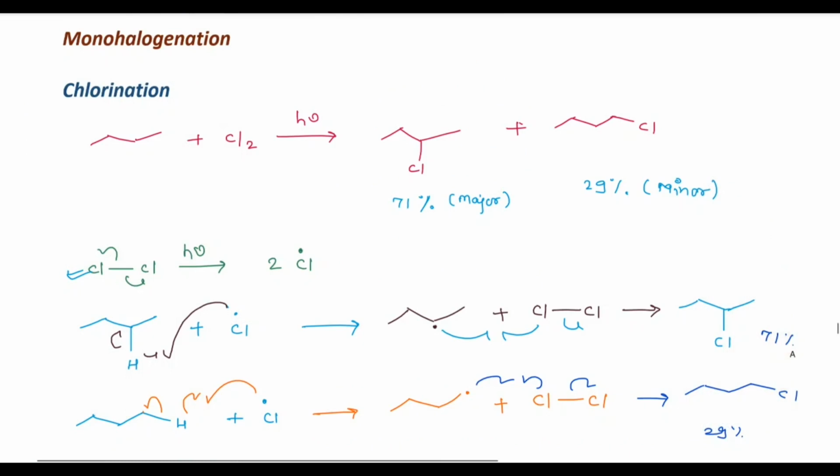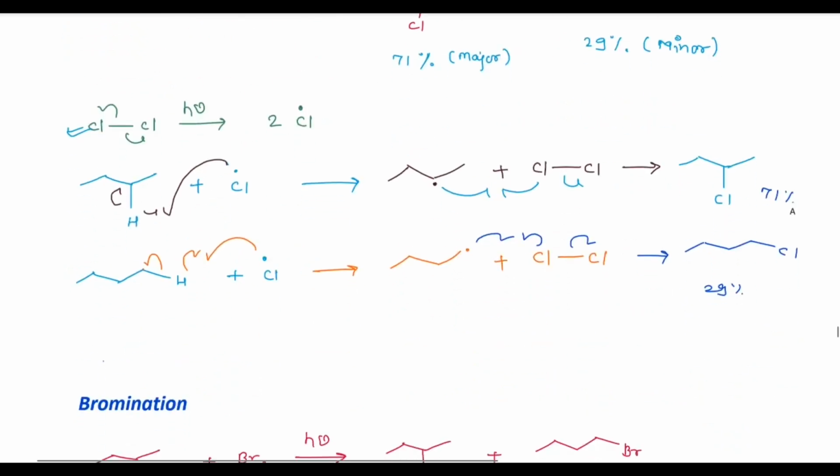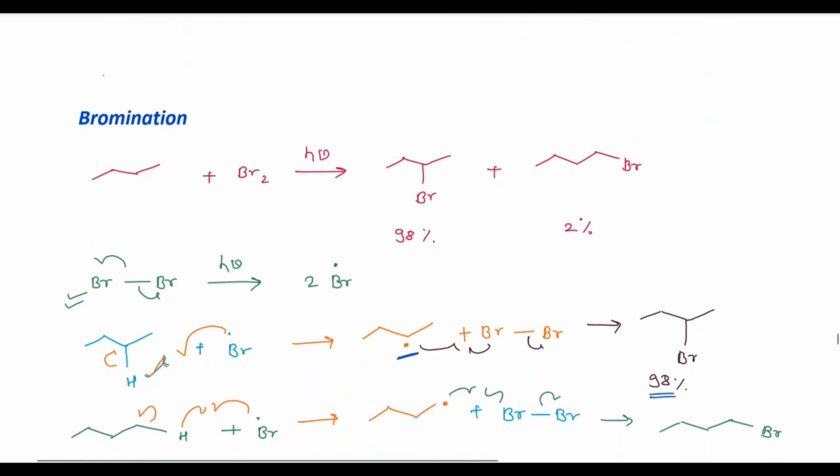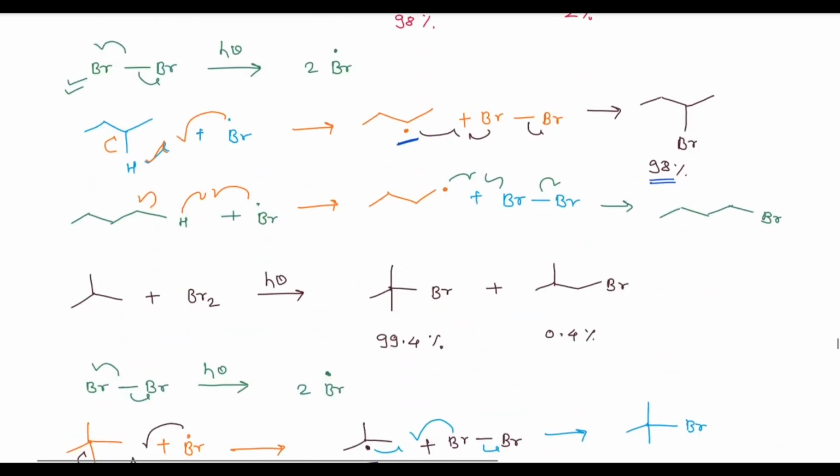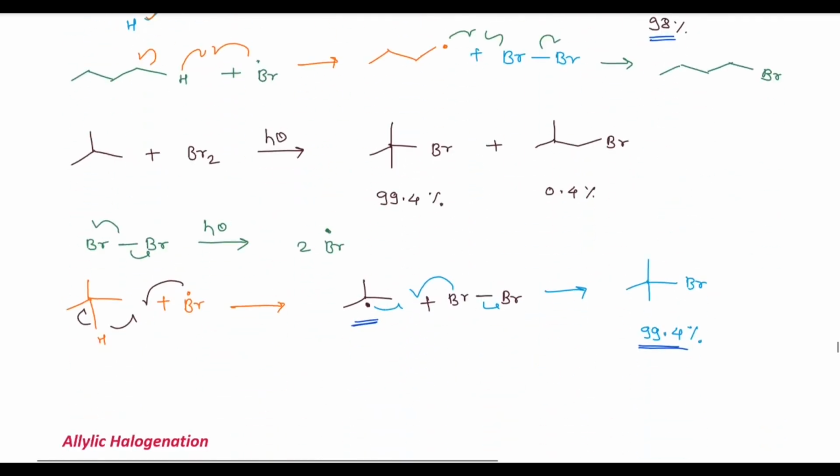Before we proceed, let us revise what we learned in the last lecture. We learned about monohalogenation, in which we first saw chlorination by taking an example of this reaction, and we also saw its mechanism. We also saw bromination by taking an example of this reaction and the mechanism involved.